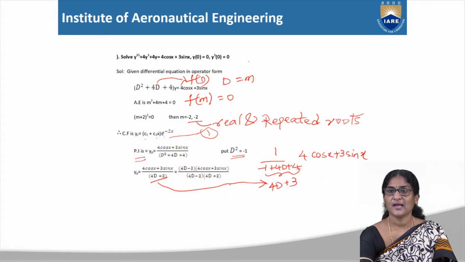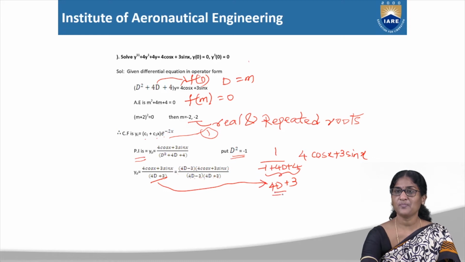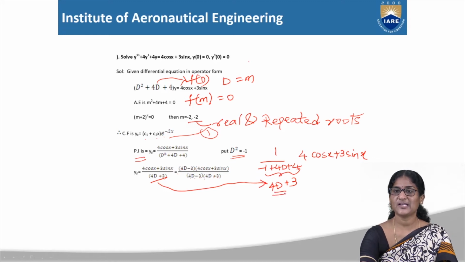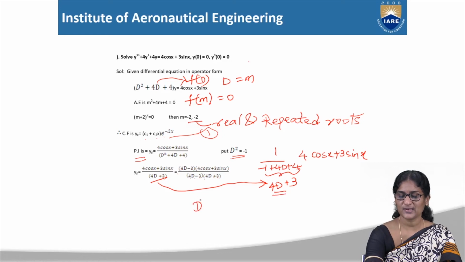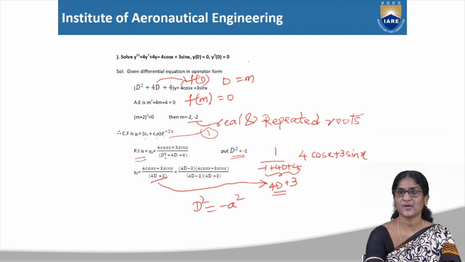Okay, so I got it. Now again, this operation has to be done until this D value is completely eliminated. Only one procedure I have, that is D squared is equal to minus a squared. I have to substitute this, but I don't have it here. In the first stage I had D squared, so happily I substituted D squared is equal to minus 1.